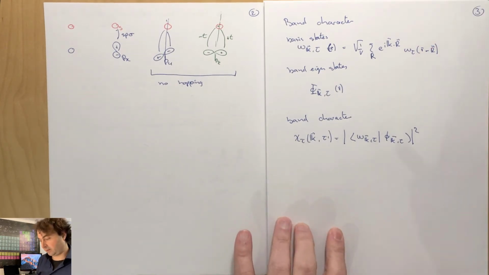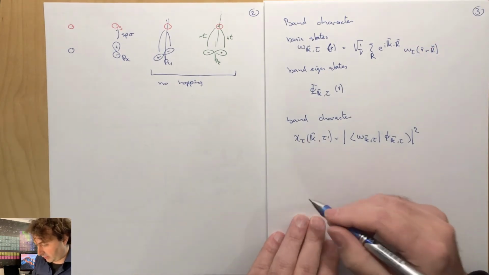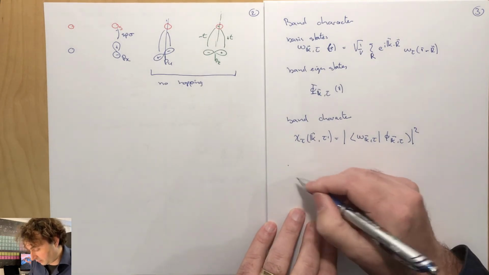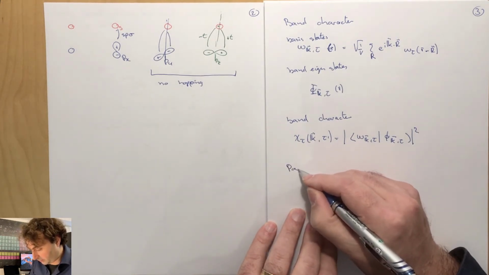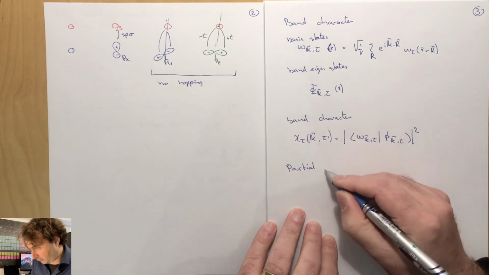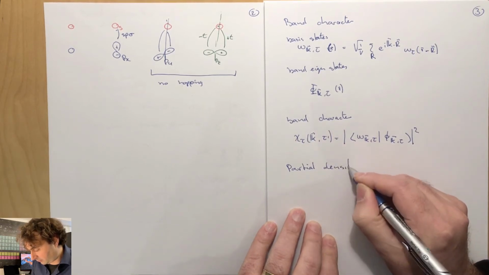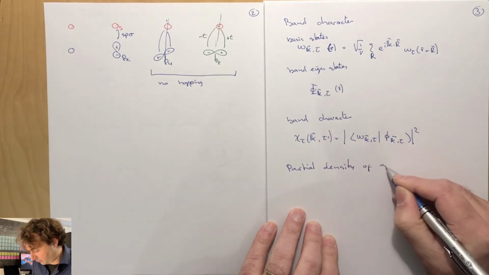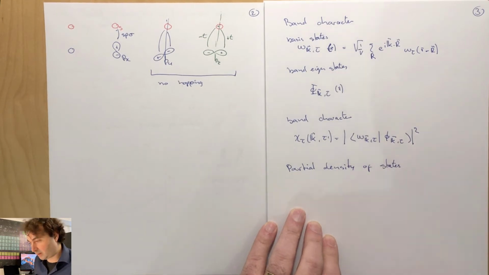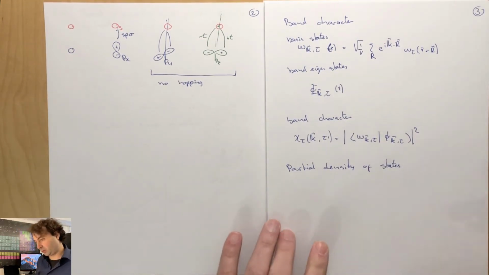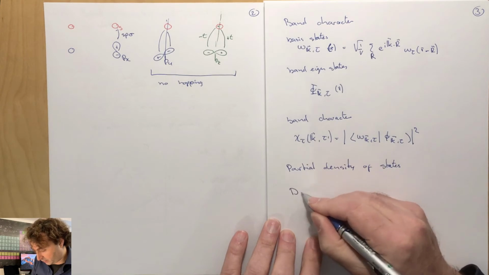Instead of looking at the bands, we can also look at the densities of states and then the partial densities of states, which tells you how much each basis state contributes to the total density of states.